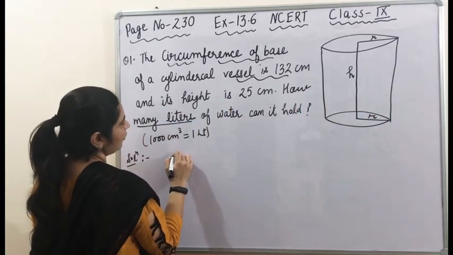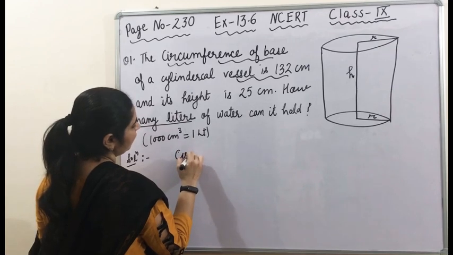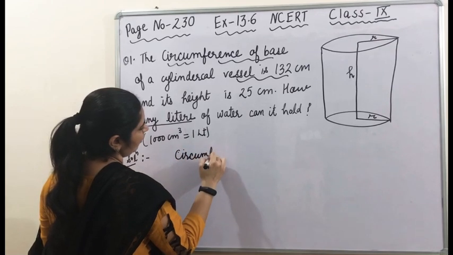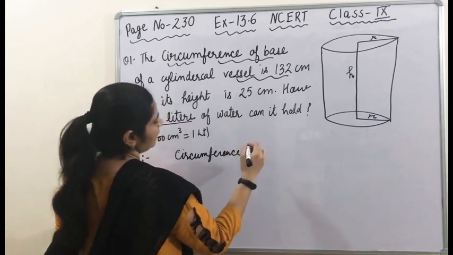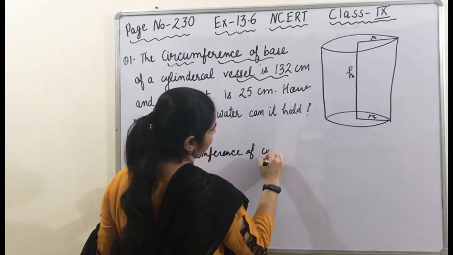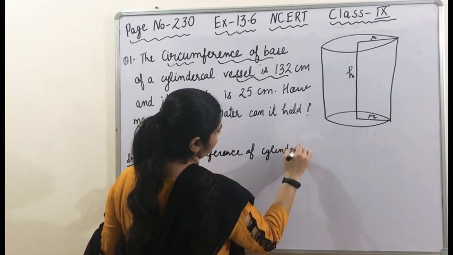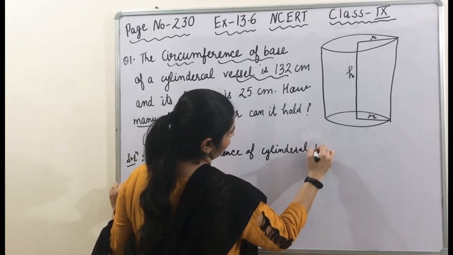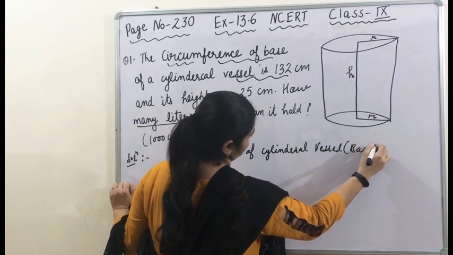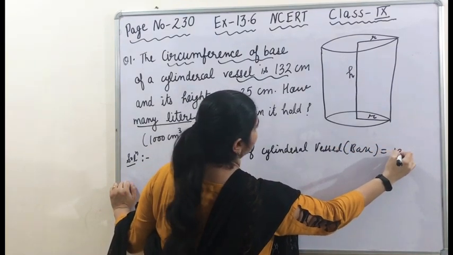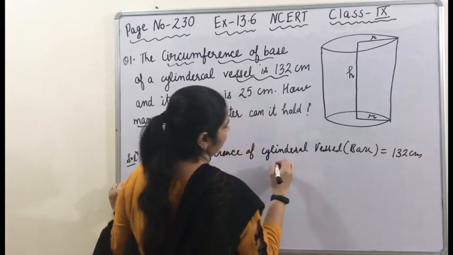So we can write down here, circumference of the circle, or cylindrical vessel, which is 132 centimeter.